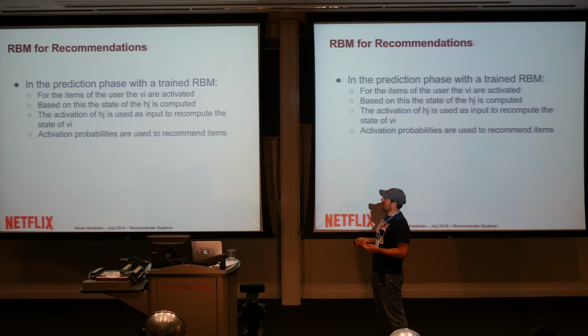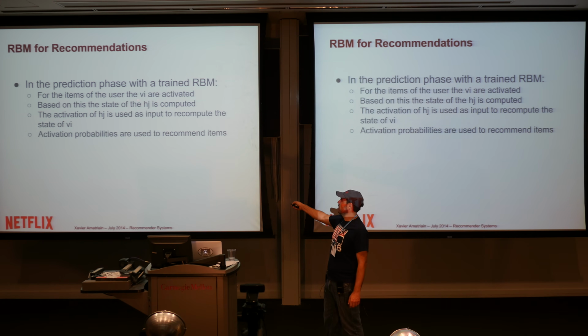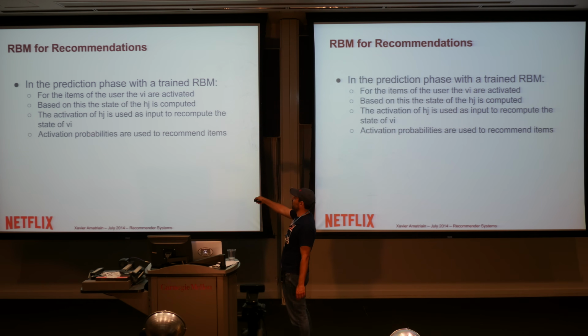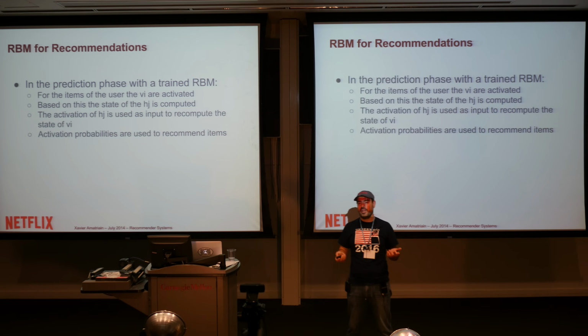Then once you've done that, in the prediction phase, when you already trained the RBM, for the items that the user has, the V sub i's that are activated, you compute the state of the hiddens, and then the activation of the H is used to recompute the state of the V's of the items. The activation probabilities are directly used to compute the recommendation of the items, or, for example, the probability of a rating.